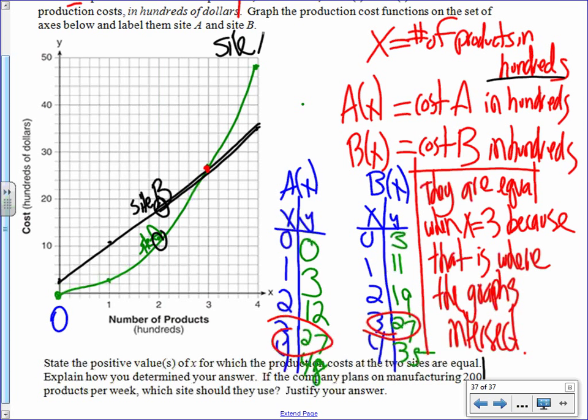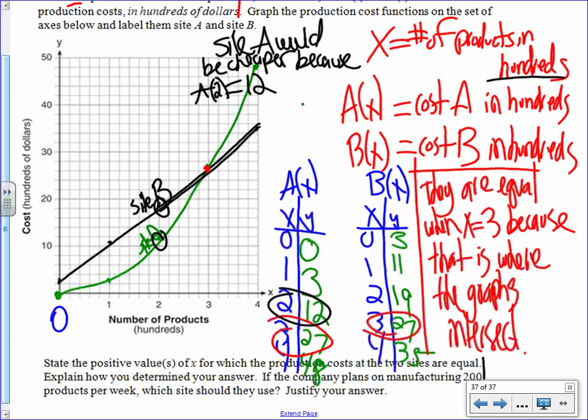Site A would be cheaper because A of 2 equals 1,200 and B of 2 equals 1,900. That's my justification. That is June 2014, Common Core Algebra.